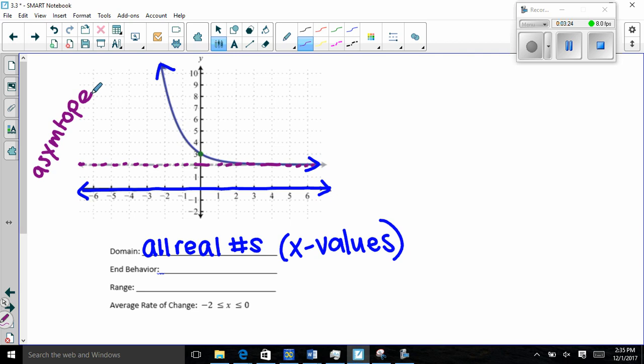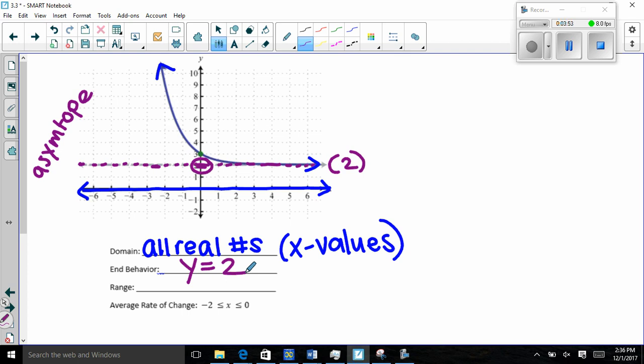And so we want to see what number on the y-axis it is gearing towards. So this asymptote will help me with my end behavior. We can see looking at this that at 2, when my y is 2, that is my end behavior, right? That's where the line is gearing towards. So my end behavior will be when y equals 2. But my exponential function will never ever touch that asymptote.